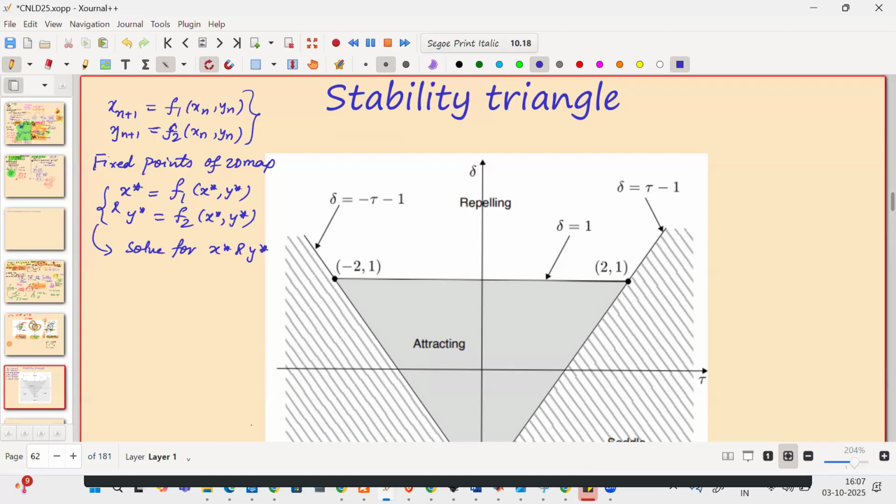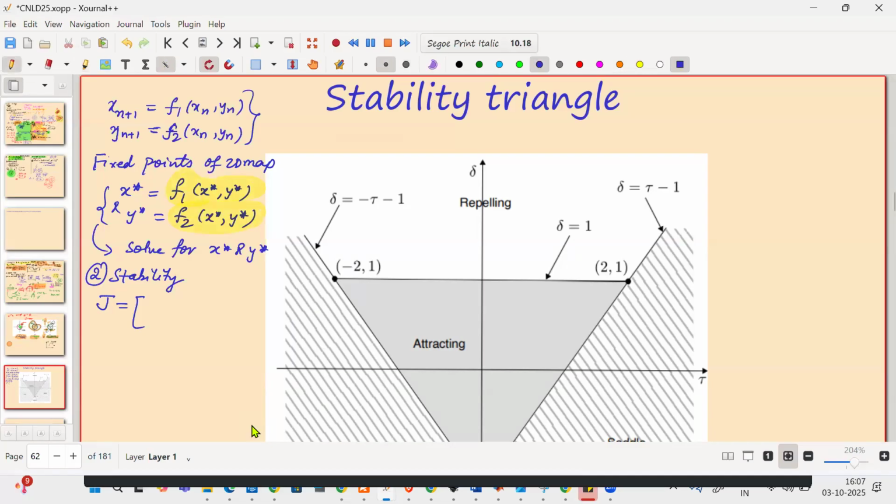Now, after you found the fixed point, your second step is stability. How to know whether the fixed point is stable or not, right? For that, you compute the Jacobian matrix. The Jacobian matrix will be formed using this f1 and f2, right?